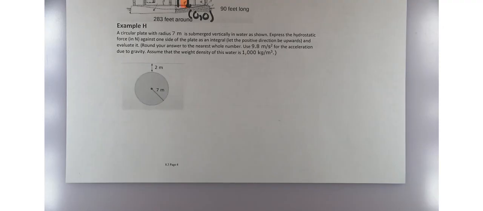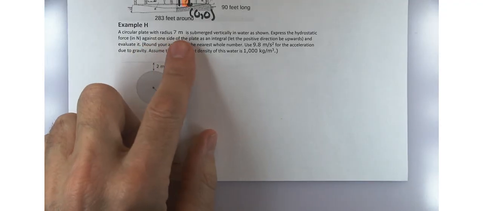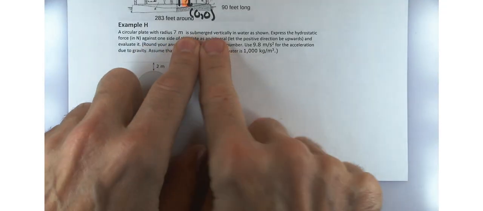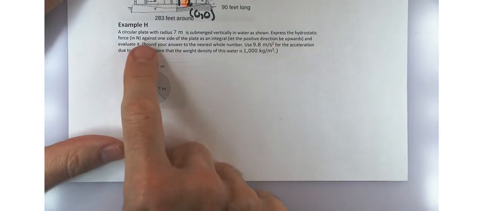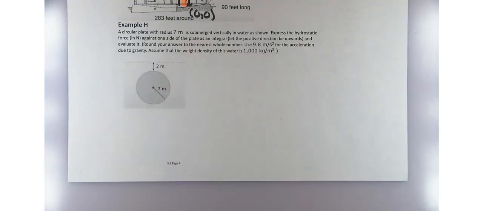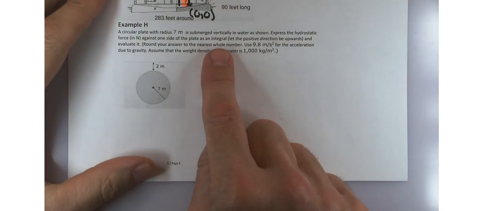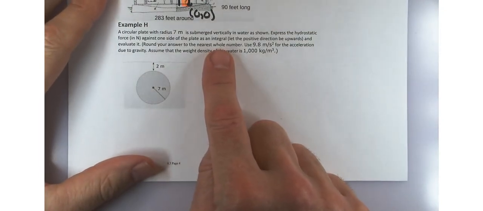Express the hydrostatic force against one side of this plate as an integral. So they're really asking you to set this up. You can use your calculator to integrate it. It's actually one that you can integrate without even using calculus, not exactly. So we're not going to have to find antiderivatives and stuff like that.